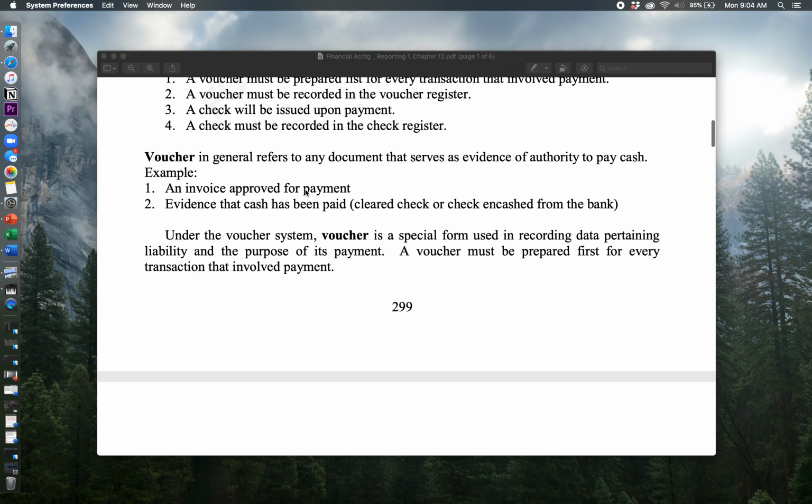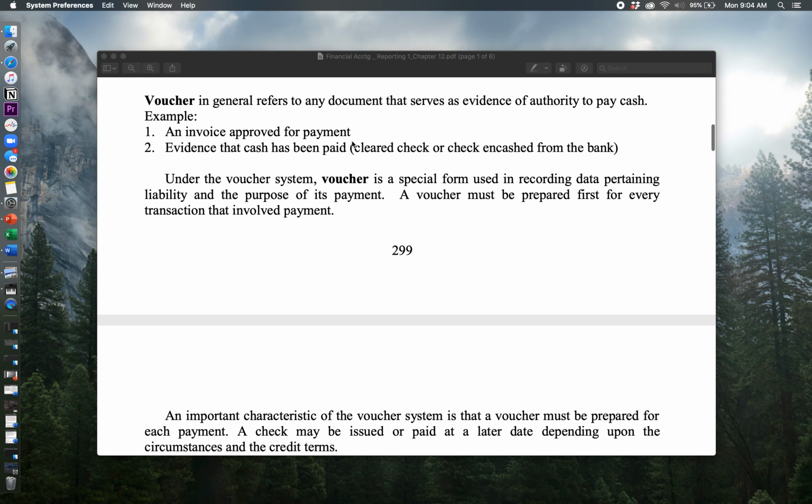Sabi dito, voucher in general refers to any document that serves as evidence of authority to pay cash. So, yan yung kapamatuod na siya guys nga authorize ka na magbayad kita sa cash. Okay? Ang voucher ang ginagamit.